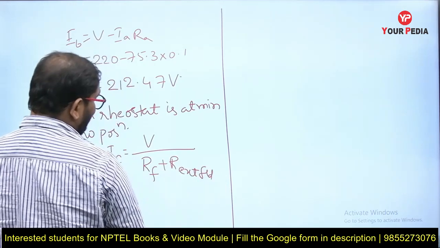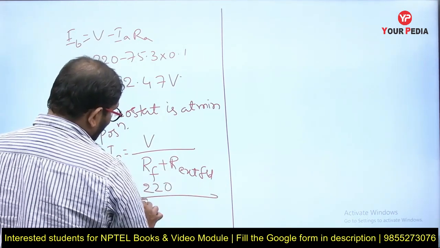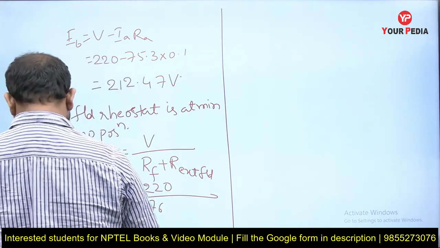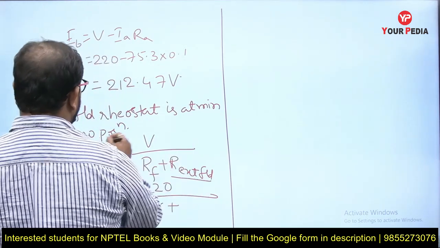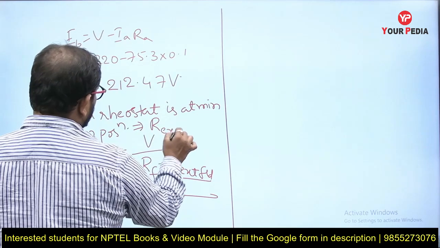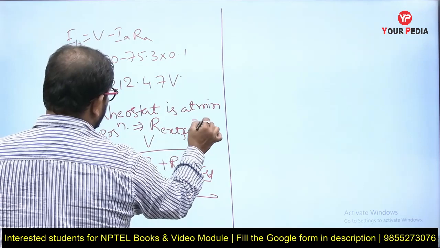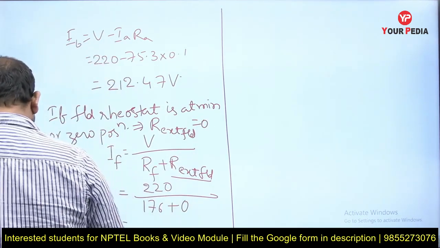The terminal voltage is 220 volts, the field resistance is 176 ohms, plus the external field resistance, which is 0 as it is at the minimum position.